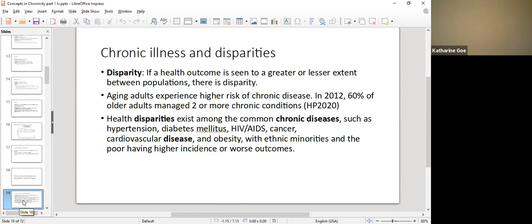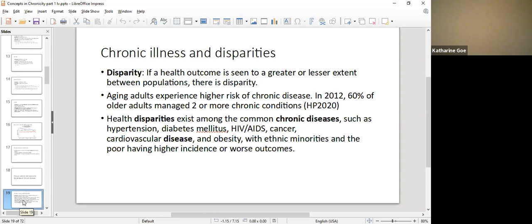Chronic illness and disparities. A disparity is if a health outcome is seen at a greater or lesser extent between populations. Aging adults experience a higher risk of chronic illness. In 2012, 60% of older adults managed 2 or more chronic conditions.